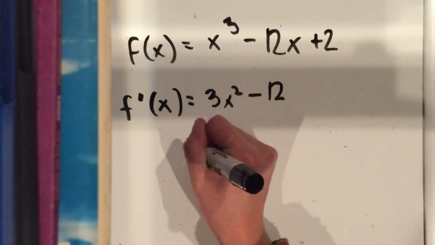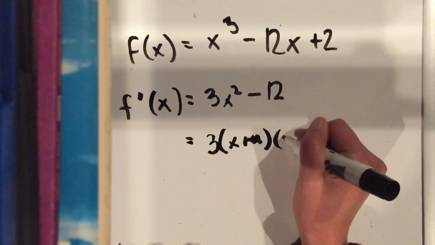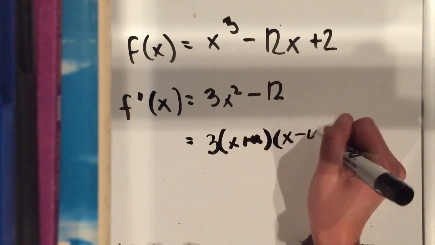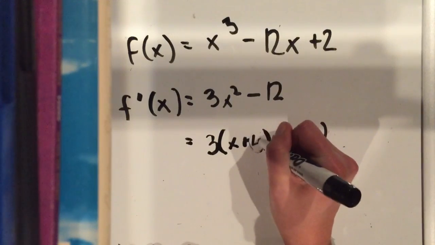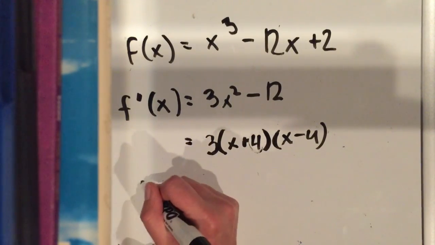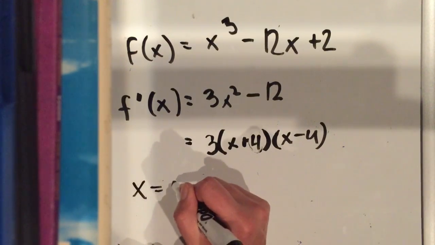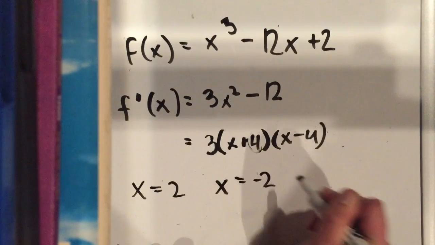And then you can simplify this further. It's supposed to be a 4 right here. All right. And then you can see that you get critical numbers of x equals 2 and x equals negative 2.